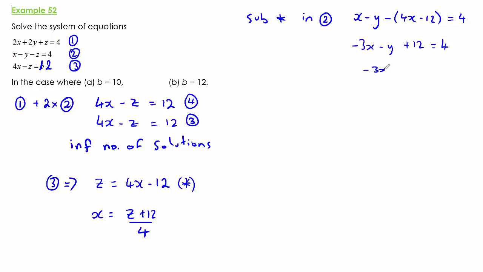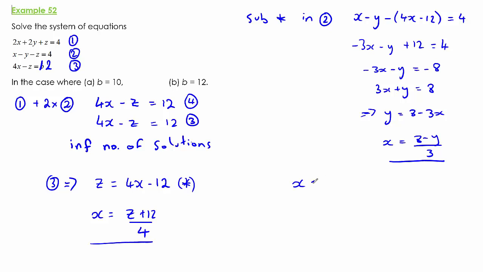So minus 3x take away y would be equal to negative 8, which gives us 3x plus y equals 8. So that gives us that y is equal to 8 minus 3x, or more importantly, that x is equal to 8 minus y over 3.